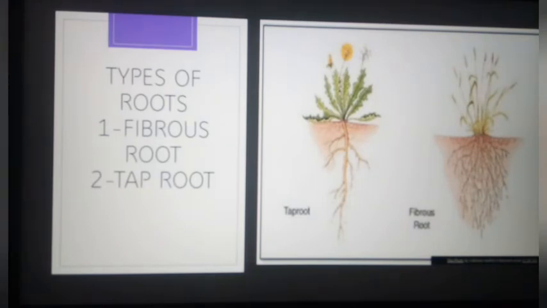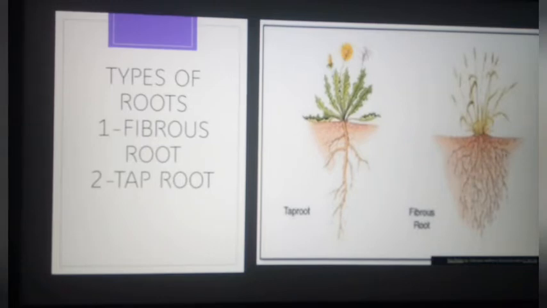Now one more thing is there. As I told you, inside the soil plants have roots. So it is possible that different kinds of roots are there. There are two types of root. One is fibrous root and the second is taproot. Now what is the difference between fibrous root and taproot?